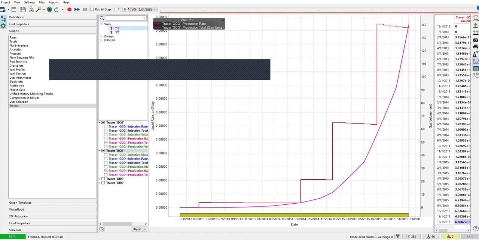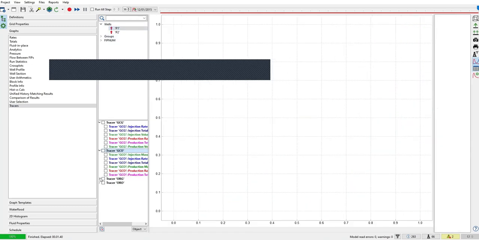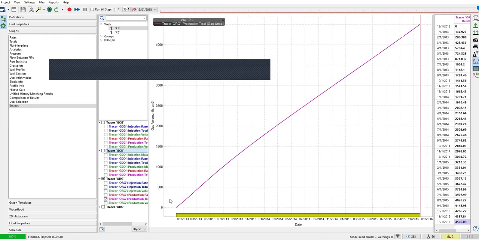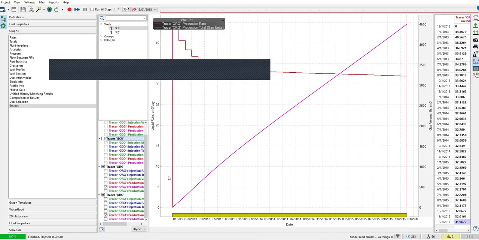Okay, and what about the oil or gas from the oil rim for P1? Of course, the gas from the oil rim and the oil from the oil rim will be readily produced by P1 because P1 is located at the oil rim.